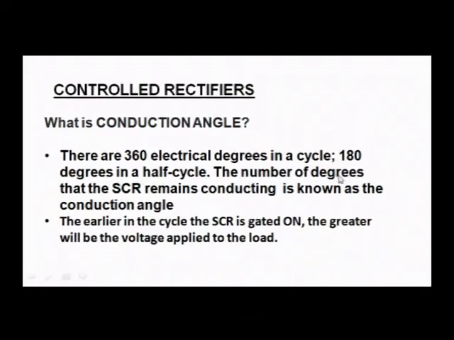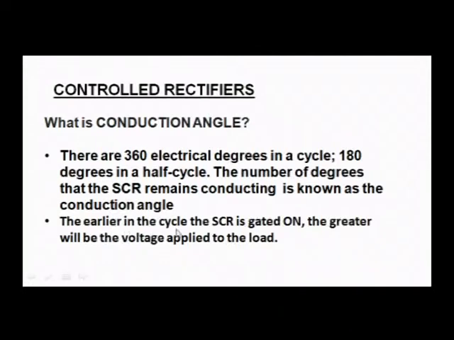The number of degrees that the SCR remains conducting is known as the conduction angle. Once the SCR is triggered to the on state, it remains on, and the number of degrees it remains in the on state, the high current, low voltage state, is known as the conduction angle. It is an angle, please see.